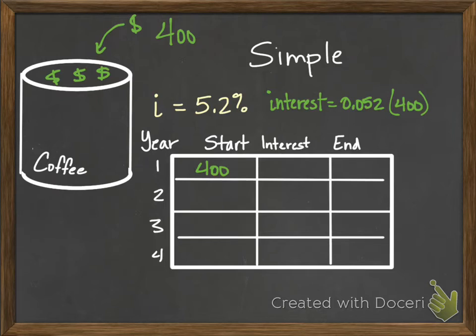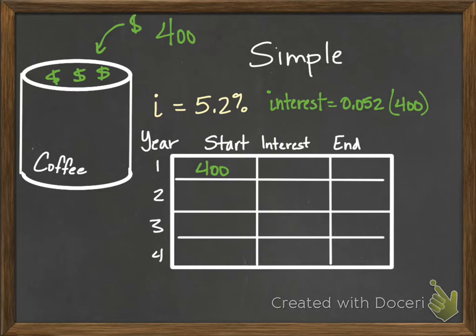So with simple interest, let's say we have our little coffee can, and that's kind of representing where I'm putting my money in my simple interest. One of the places that you get simple interest most of the time is with stuff like CDs. Now, CD stands for certificate of deposit. What that is: you put money in the bank and you agree upon a period of time.